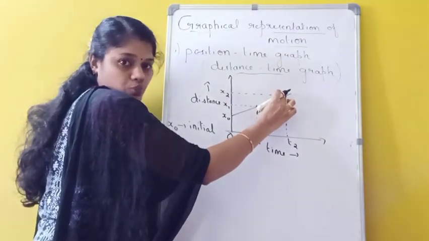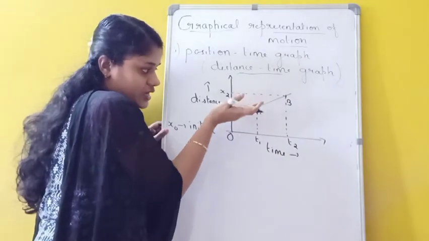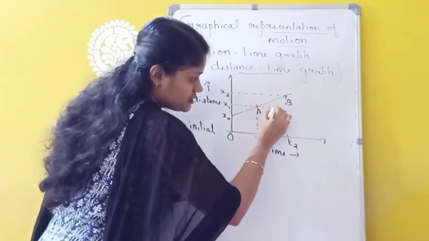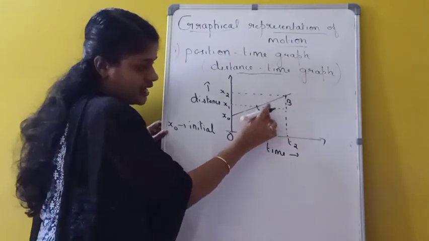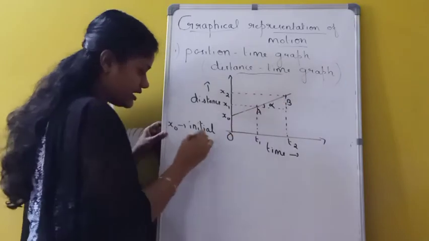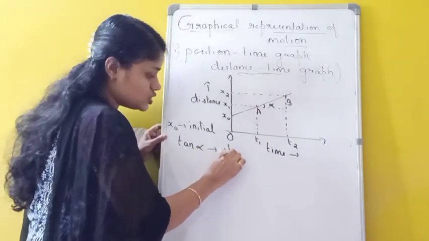How will you find the slope? We have to find the tan of the angle made by this graph with the horizontal. So I am drawing a horizontal here, and I get a triangle. Suppose this angle is alpha. Then tan alpha will give the slope of the graph.